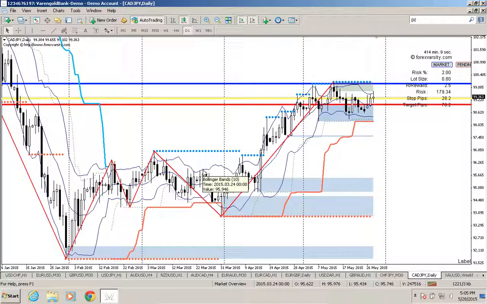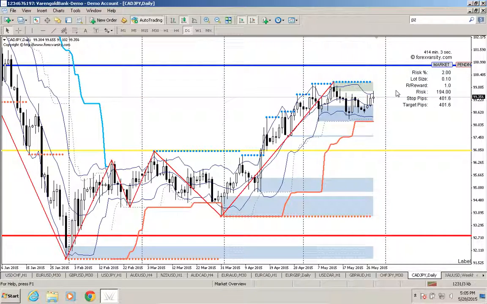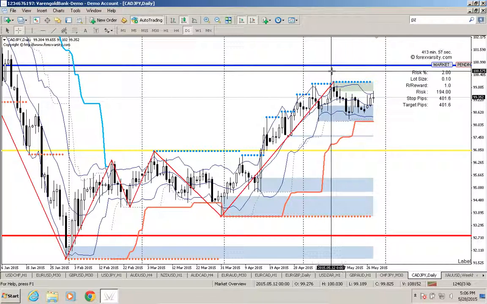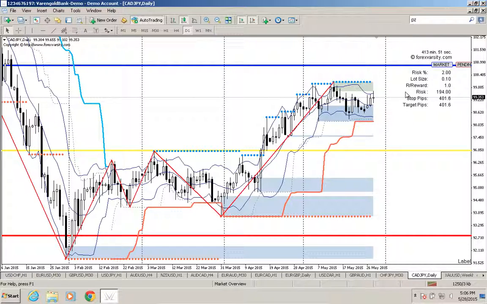Okay. Now if you look at the CAD JPY, you can see that in the last 13 candles, 14 candles, the zigzag indicator has not yet made a new high or a new low.